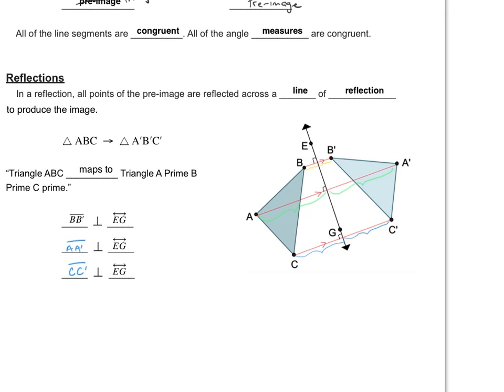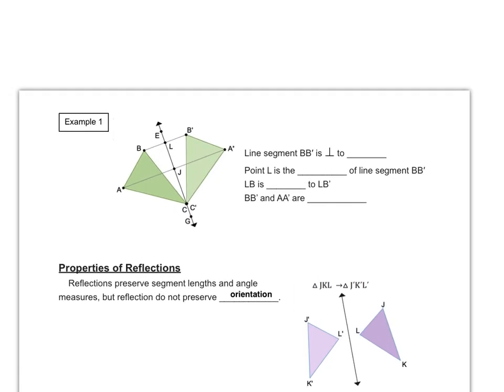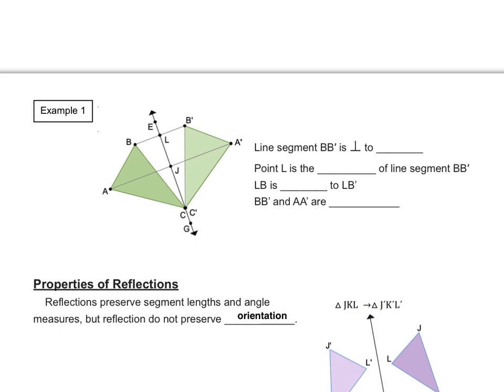So with that, looking at this example, line segment B prime is going to be perpendicular to line EL, and the different combinations. It could be EJ, it could be EC, it could be EG, any 2 points on that line. I mean, it could be LJ. So just keep in mind that there's a bunch of different possible answers here.